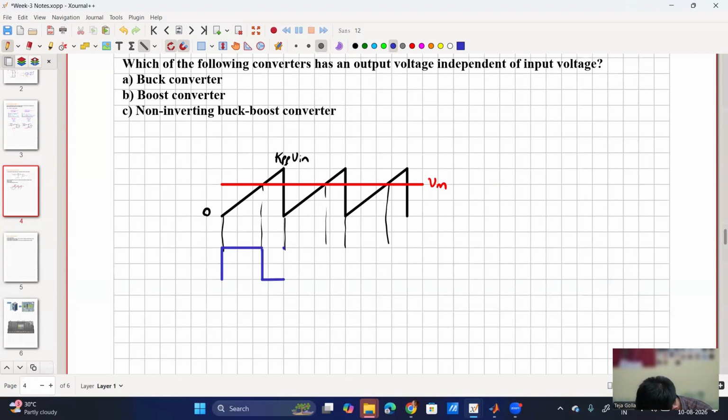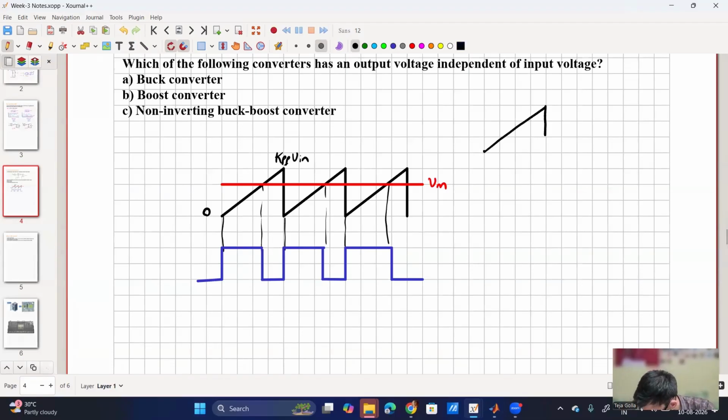If I'm comparing VM, and the peak voltage is KFF Vin, what will be the duty ratio? Are you getting the point, or should I reframe my question? I think I'll reframe.